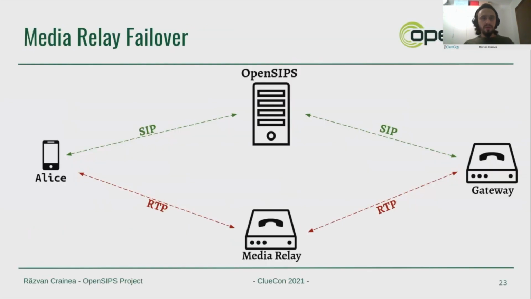What I want to show you is that, due to the fact that we know information about both SIP entities as well as their RTP settings, we can do a very simple media relay failover. So imagine that you have Alice talking to a gateway, and the whole media goes through a media relay server.